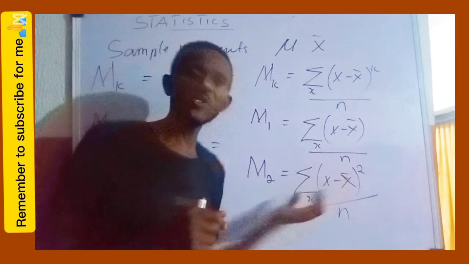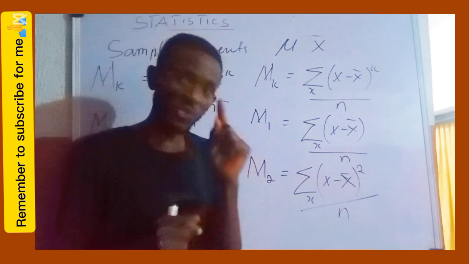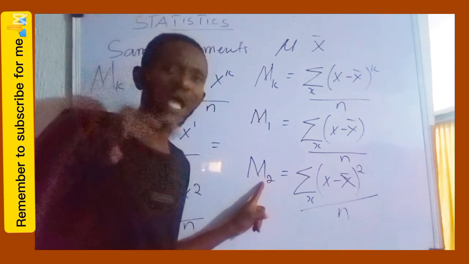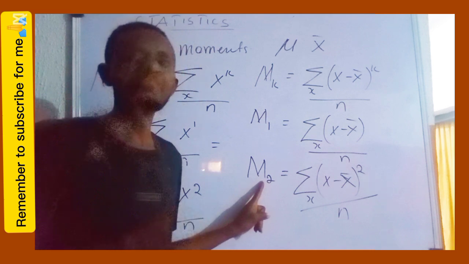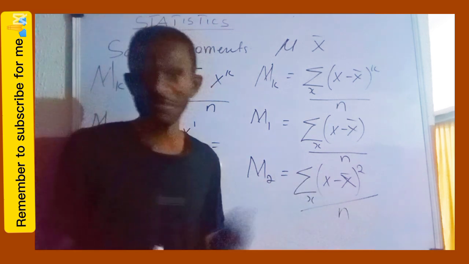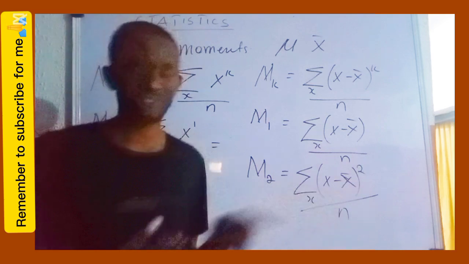So what conclusion can we reach from here? The conclusion is that the second sample moment about the mean is the same thing as the variance of that random sample x.